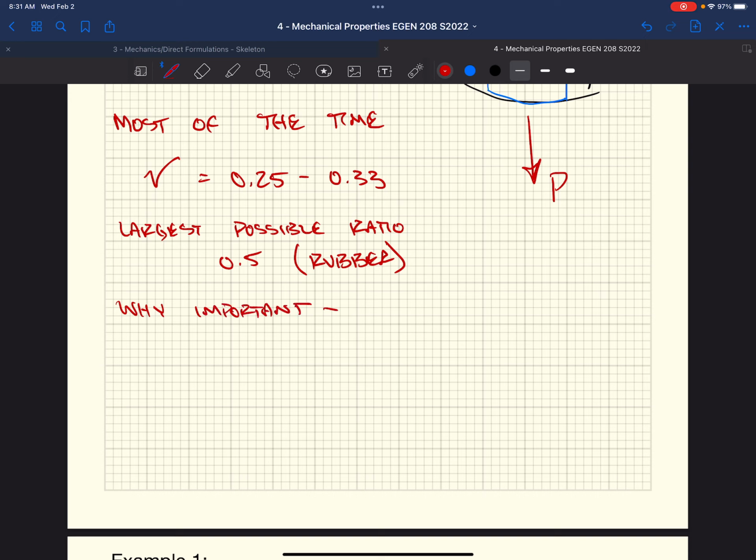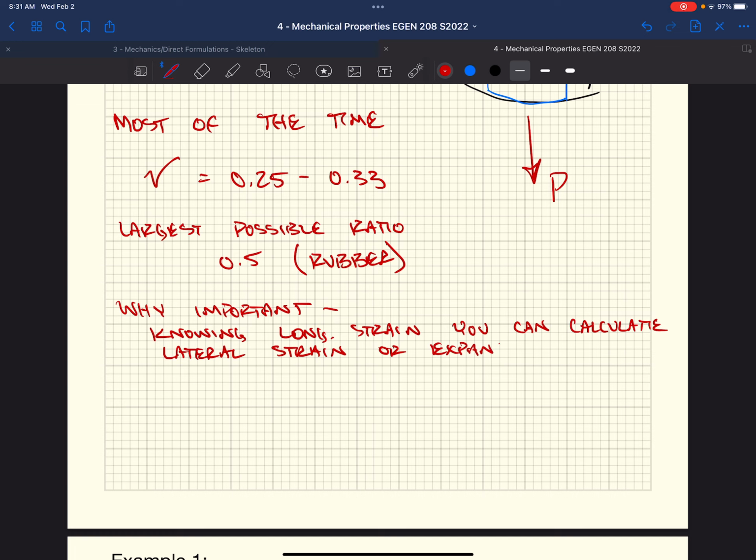So why important? Knowing our longitudinal strain, we can calculate our lateral strain, or really the expansion and contraction of elements.